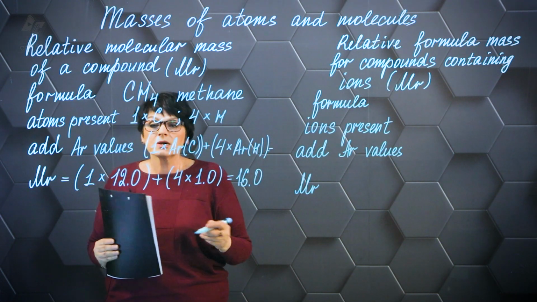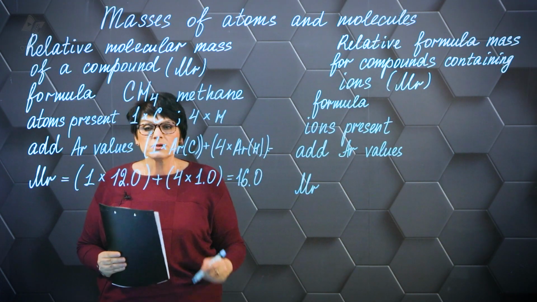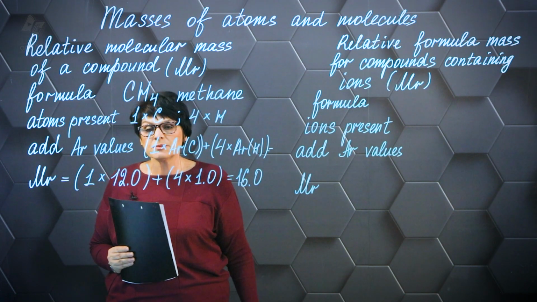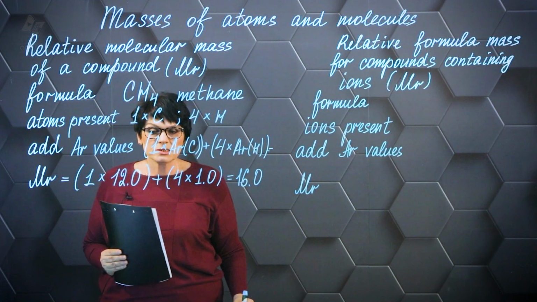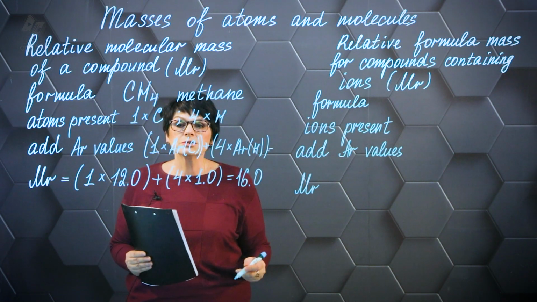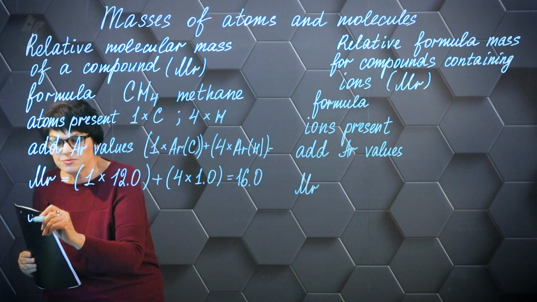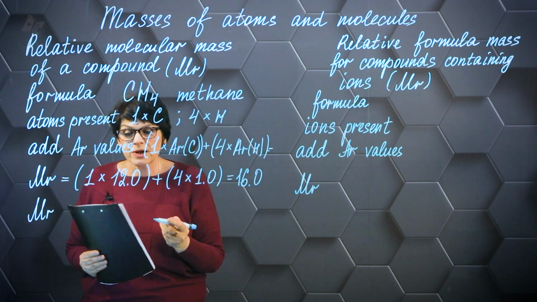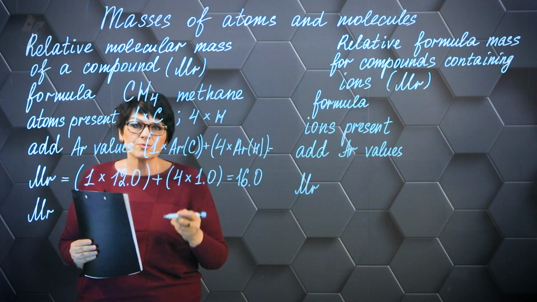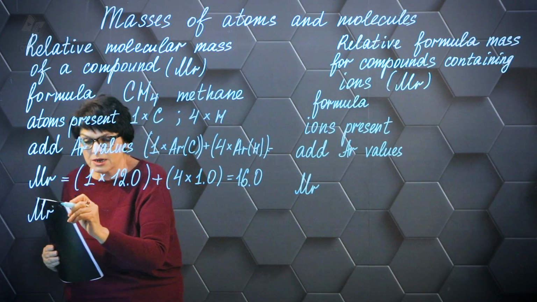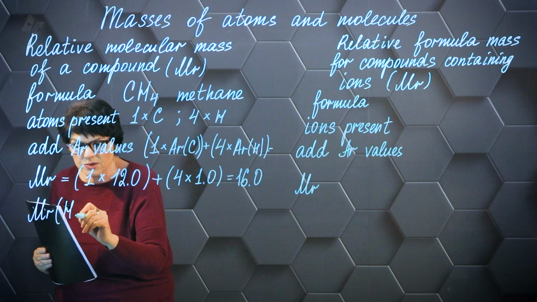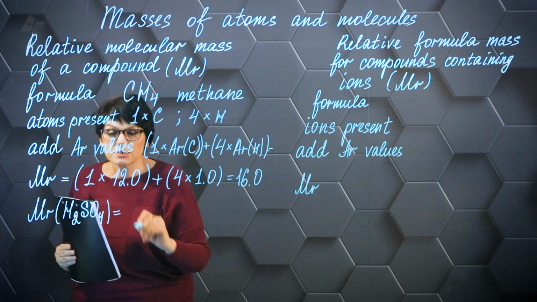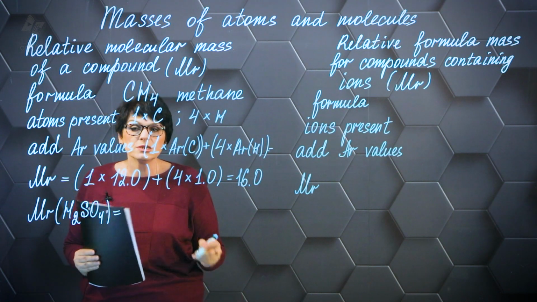Of course, when you do such calculations in large quantities, it is not always necessary to write them out each time in this way, so you can make the calculation shorter and write it down in a more compact way in order to simplify it. So let's calculate what the mass of sulfuric acid will be equal to. This is also a compound made up of molecules.